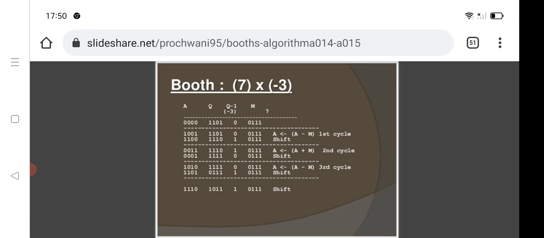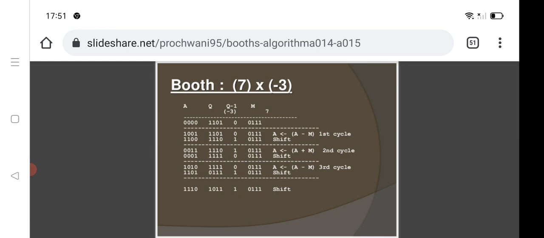So the Q value will be 1 1 0 1, which is the 2's complement form of 3, or you can say minus 3 is 1 1 0 1. And what will be my count value here? Again it is a 4-bit representation, so my count value will be 4.